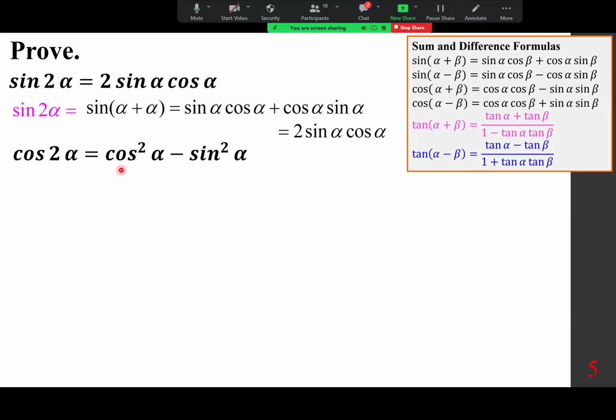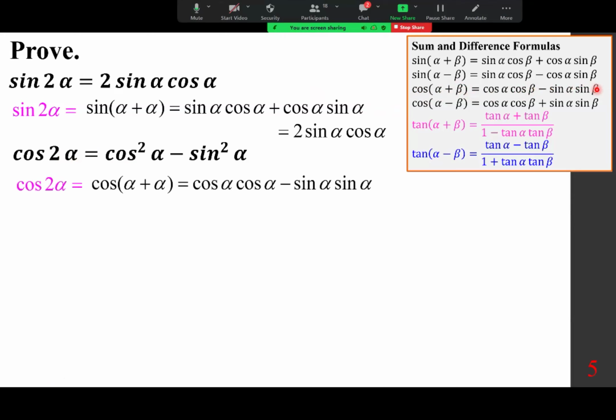We want to prove cosine of 2 alpha is cosine squared alpha minus sine squared alpha. We do the same thing. Cosine of 2 alpha is cosine of alpha plus alpha. So look at this one, cosine of alpha plus beta. If I change this to alpha, it becomes cosine of 2 alpha, and I change this one to alpha, this one to alpha. According to this formula, it is cosine alpha cosine alpha minus sine alpha sine alpha.